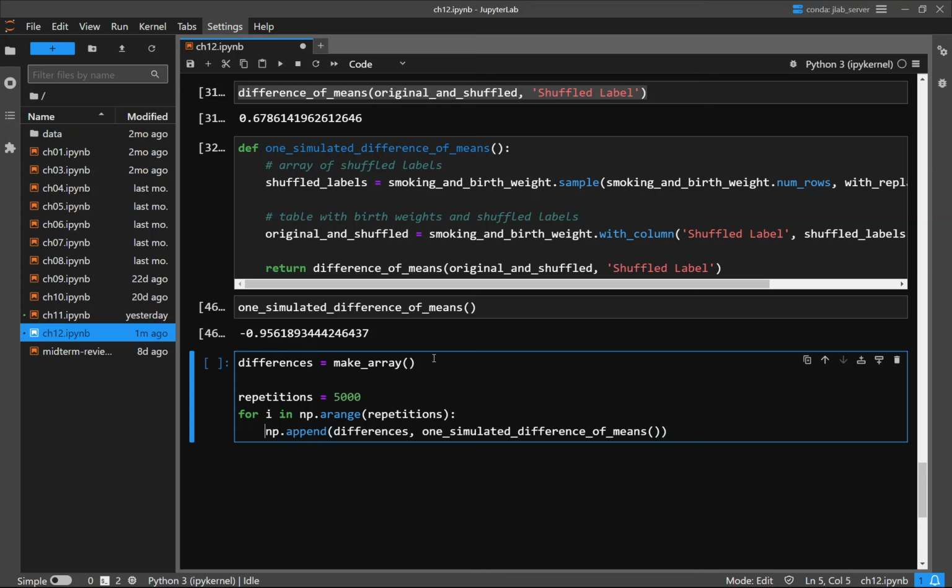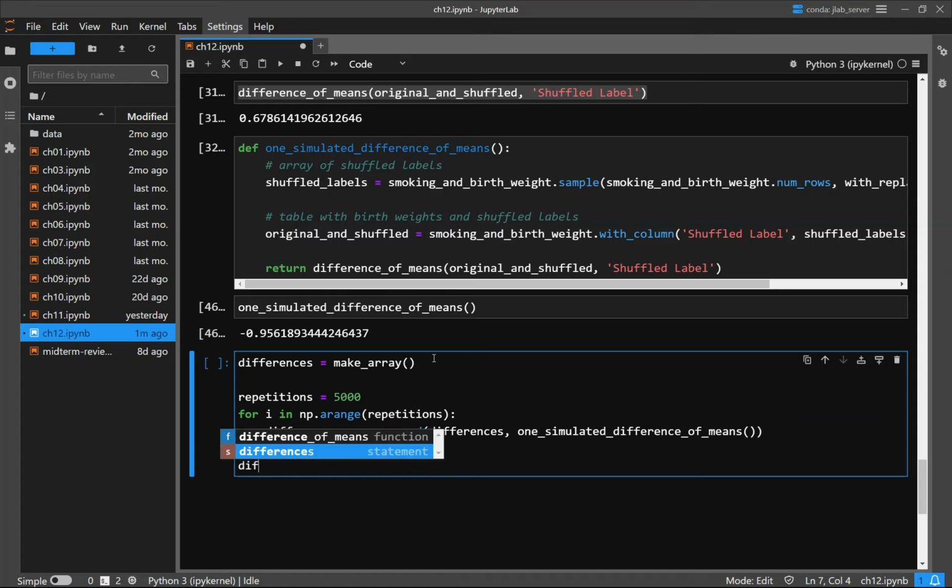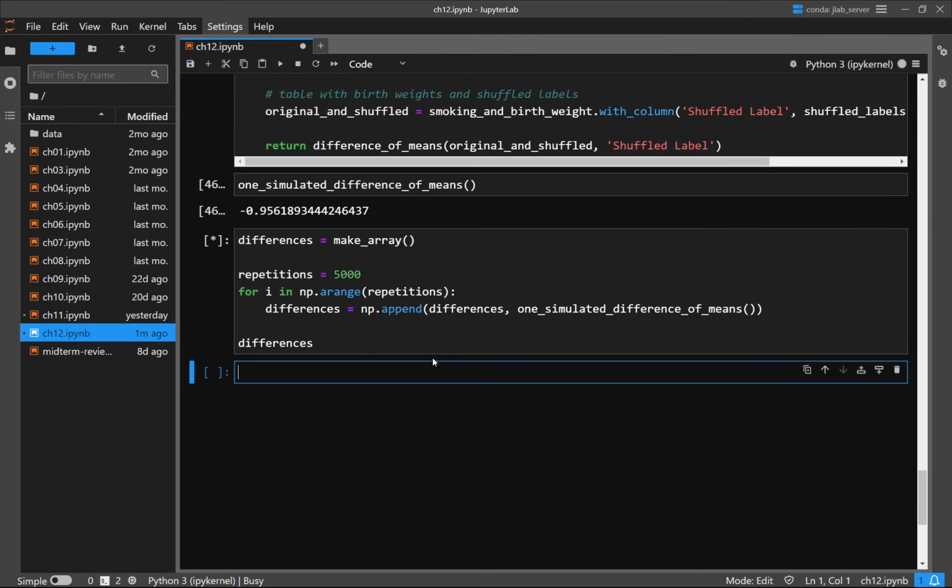Differences equals that. Once that's done, I've got a bunch of differences of means simulated under the assumption of the null hypothesis that there was no difference between mothers who smoked and mothers who didn't smoke. So we shuffled those labels, pretending that didn't matter.